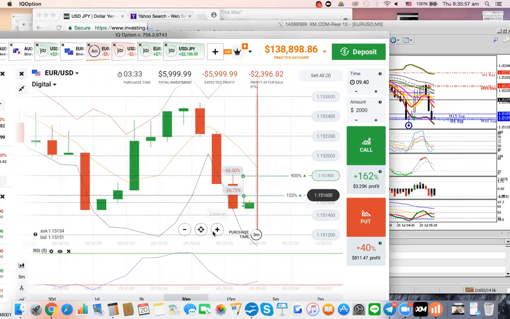The more you zoom in, the more levels you get. I think that's the max. This level is quite achievable in my opinion. Worst case, we'll just sell for like half the money, that's fine.